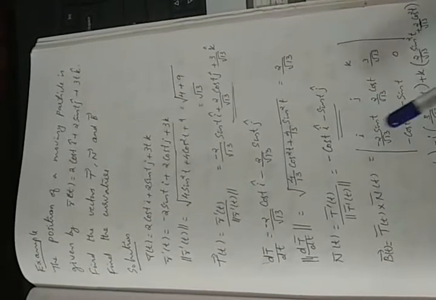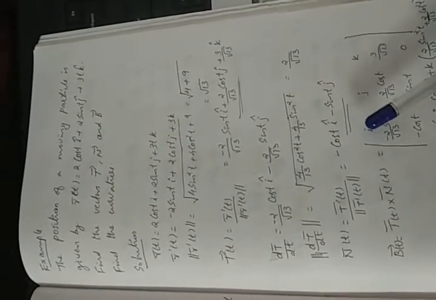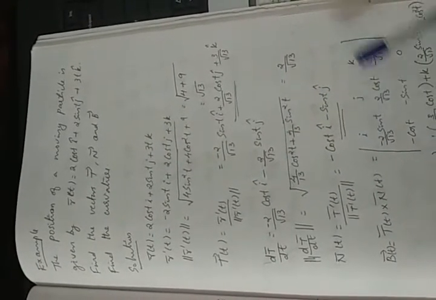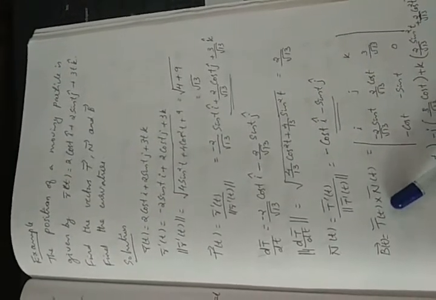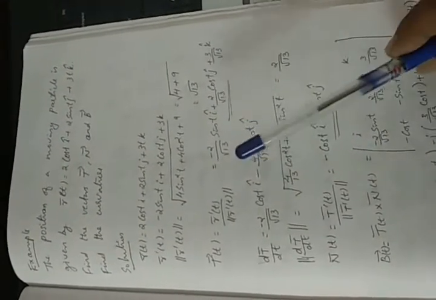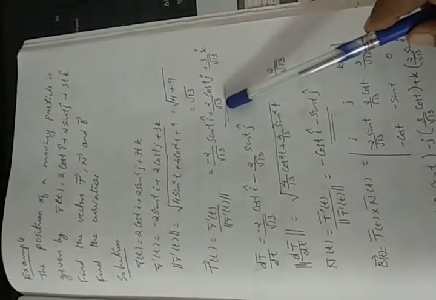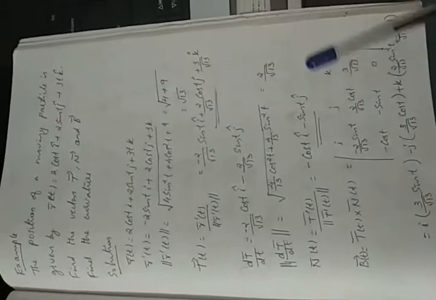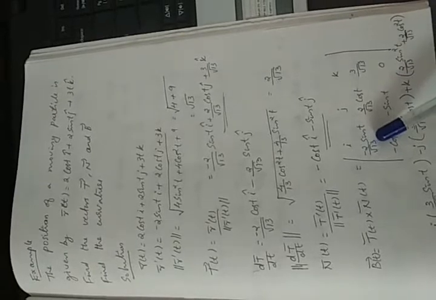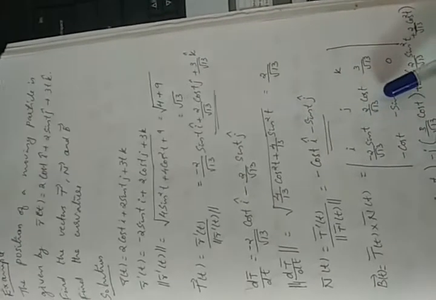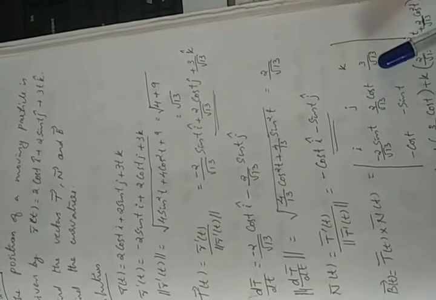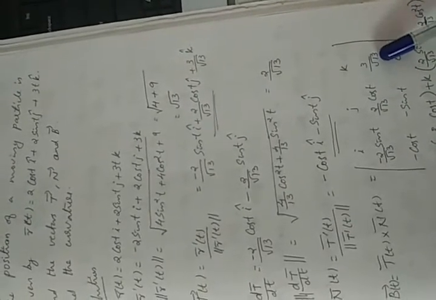So here T cross N is the determinant of first row i, j, k, second row the components of vector T: the first entry is negative 2 by root 13 sin t, then the second entry 2 by root 13 cos t, third entry 3 by root 13.